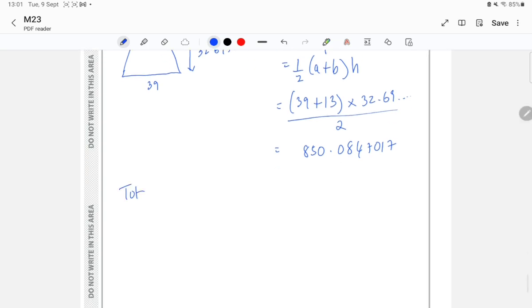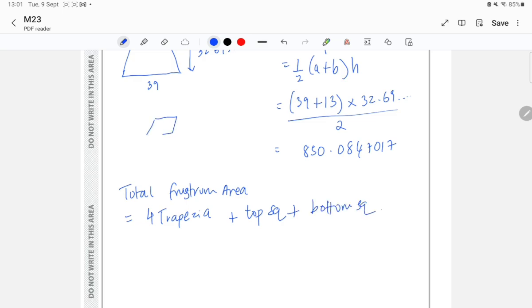So the total frustum area would be the area of 4 trapeziums, or 4 trapezia, plus the top square, plus the bottom square. Remember, our diagram was like this.